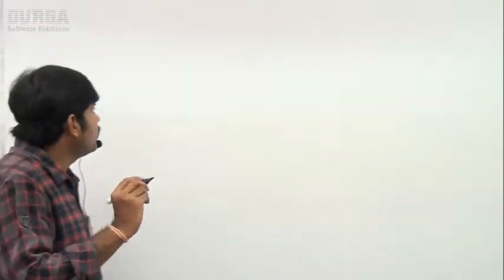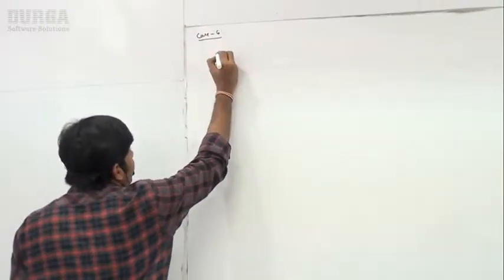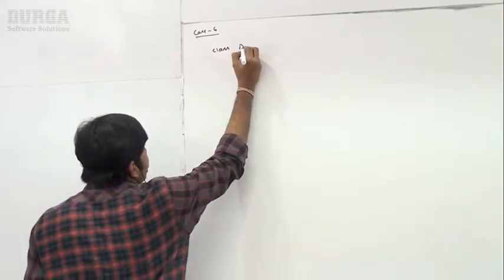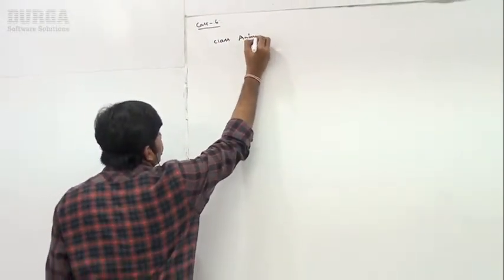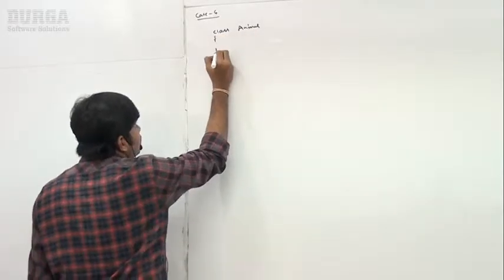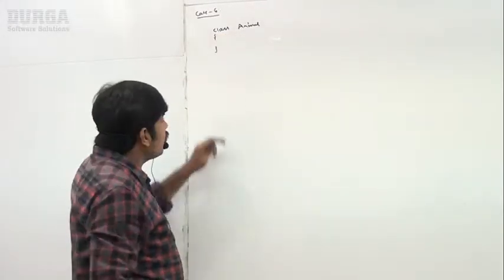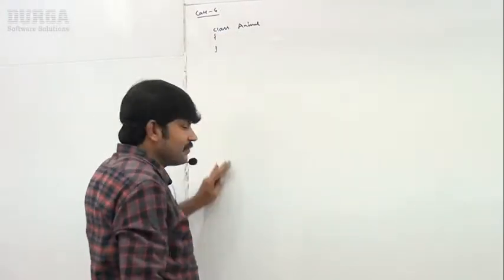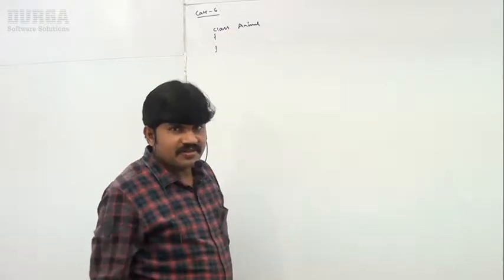The last case related to overloading is a bit important, take special care. Here I am taking class Animal. Next, I want to take a child class of Animal. Can you please tell any child class?